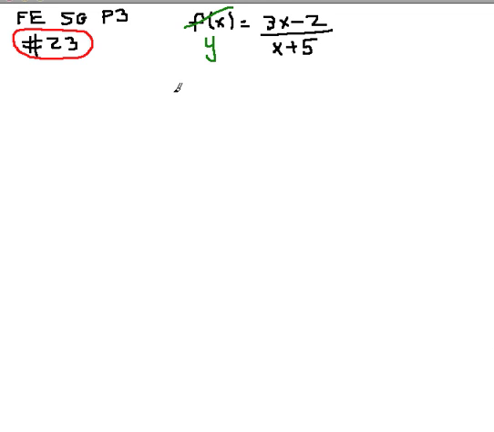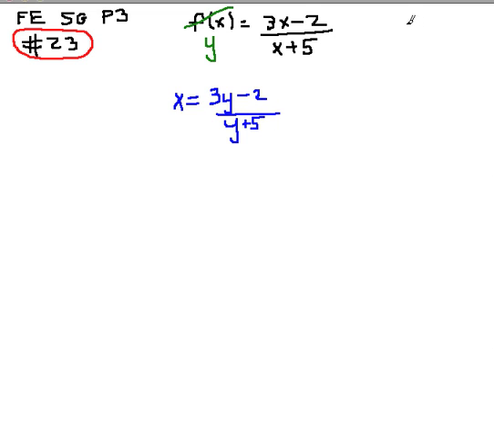Now that we switch places, we're going to write this as x equals 3y minus 2 over y plus 5. Sorry, everything takes forever on this thing, but you can always fast forward.